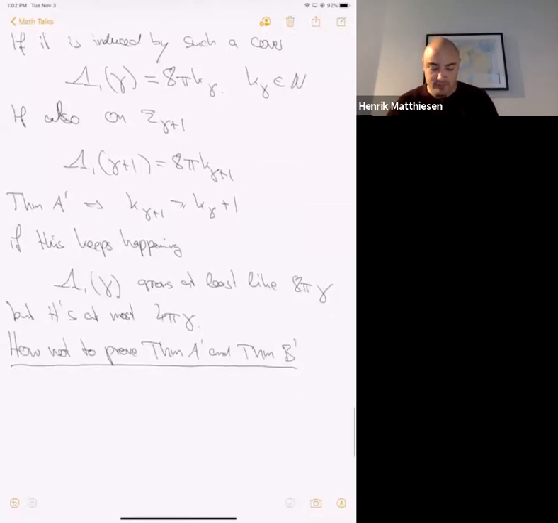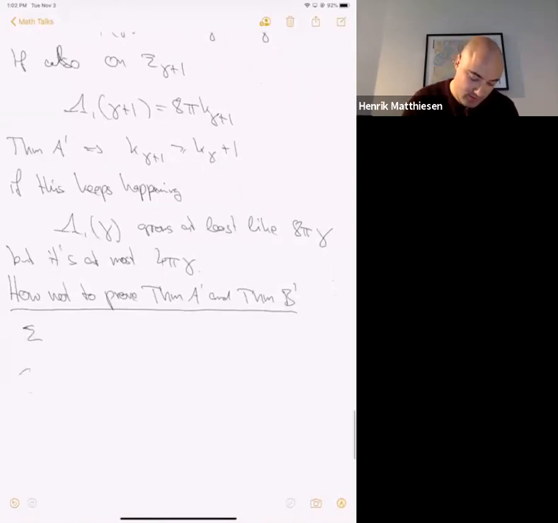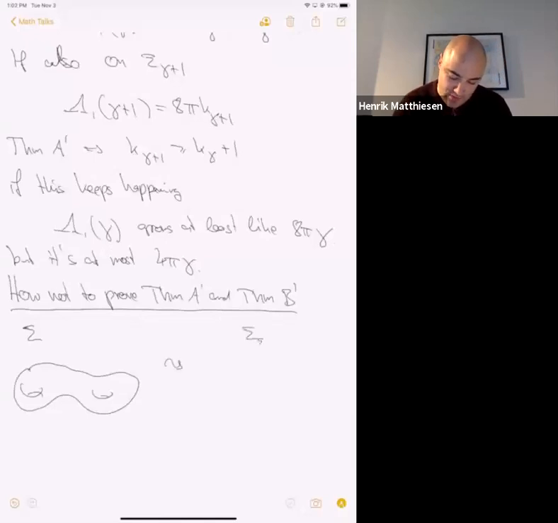Okay, so let's look at maybe the first idea you might have, and that is the following. You start with a surface sigma, which is here. And then I associate a new surface to that, which we call sigma epsilon sub 8, which is as follows.